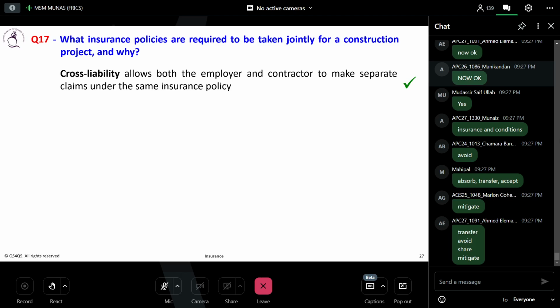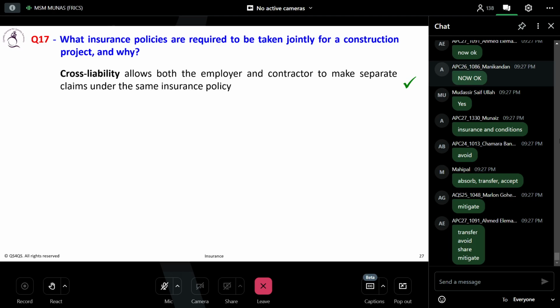It allows both the employer and the contractor to make separate claims under the same policy if there is an accident or other covered loss. This helps ensure that everyone involved in the project is protected and can avoid disputes. This cross liability insurance is generally included in a general liability insurance policy, but it can also be purchased separately.